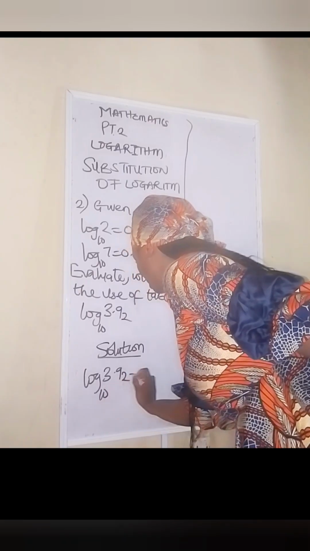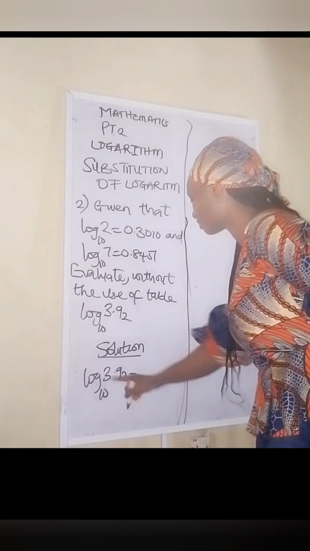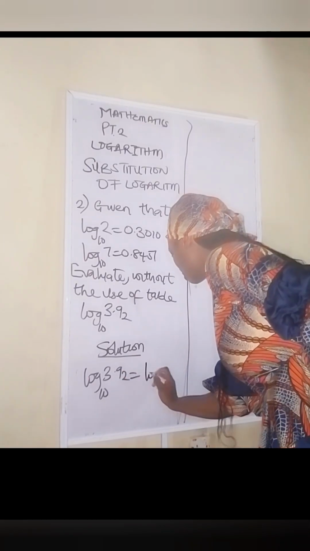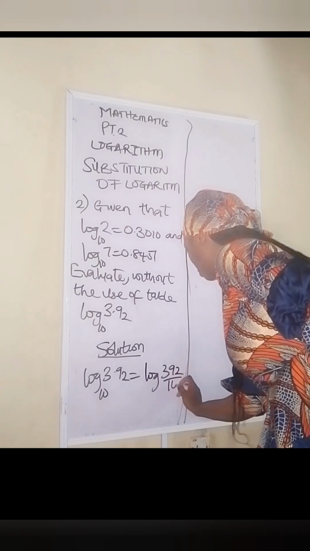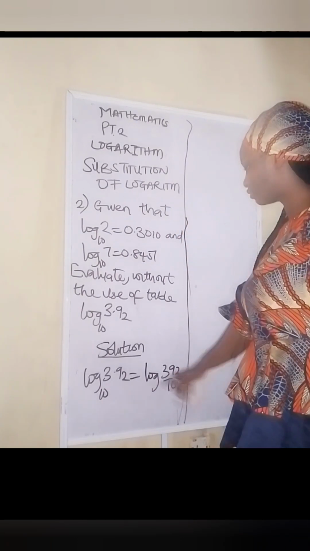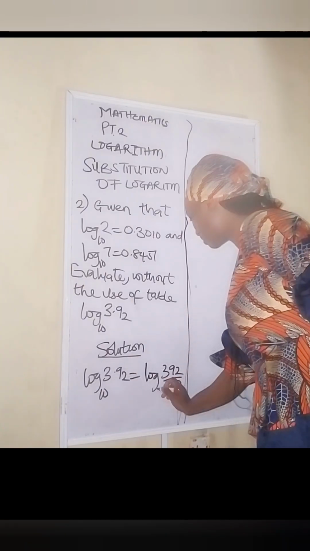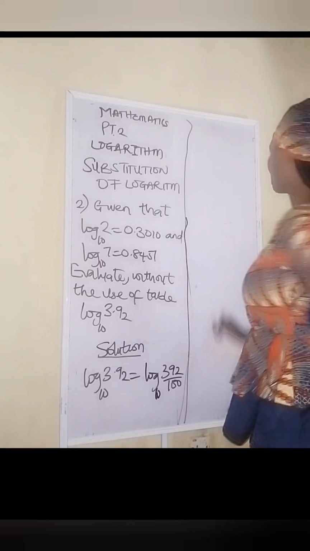So the first thing we are going to do is remove this decimal point. So when you move it 1, 2, so that is log 392 over 100. You move the point twice, 1, 2, so that makes it 100, base 10.